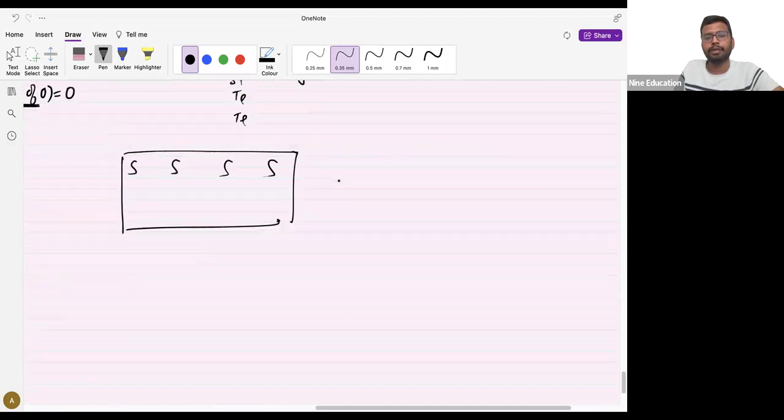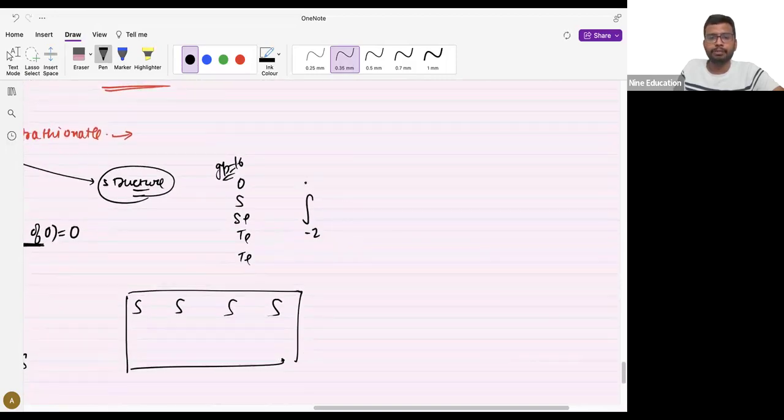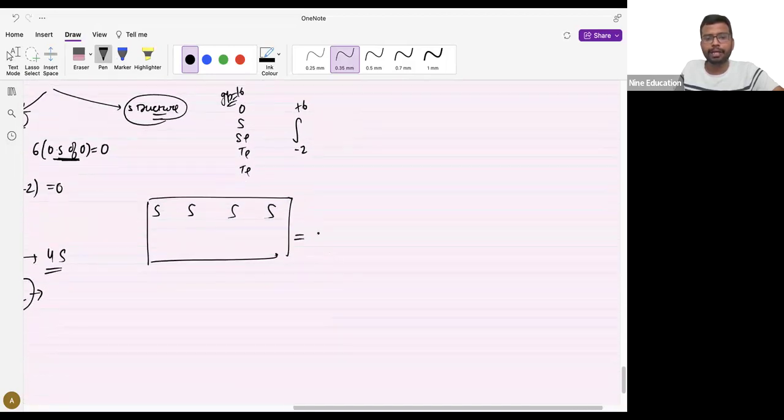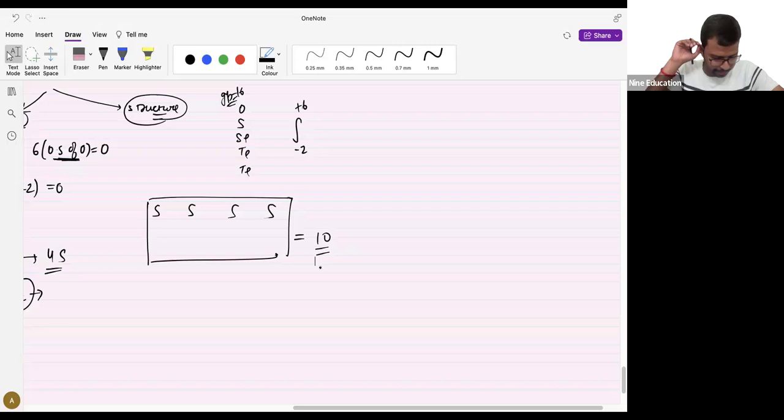So they can have -2 to +6 here, and I have to make a total of 10. I can have this possibility for how I can make 10.